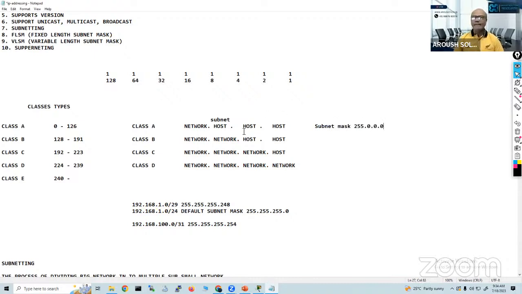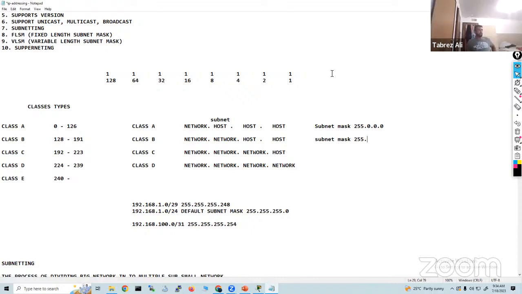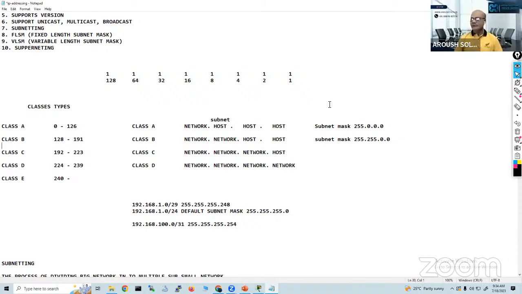Is it correct? The second one is 255.255.0.0. Is it correct what I'm typing? Yes. So what is the subnet mask for class B? 255.255.0.0. Yes, very good.